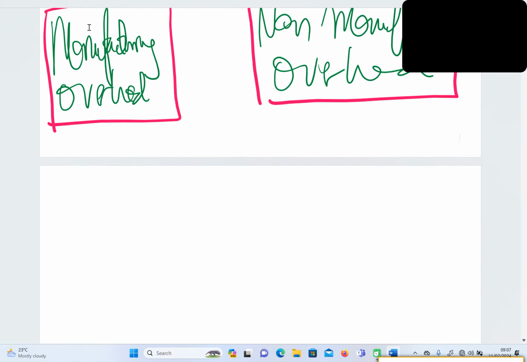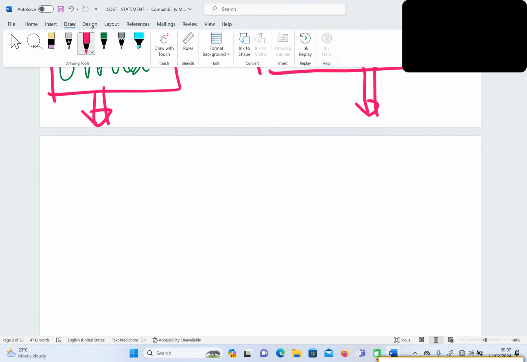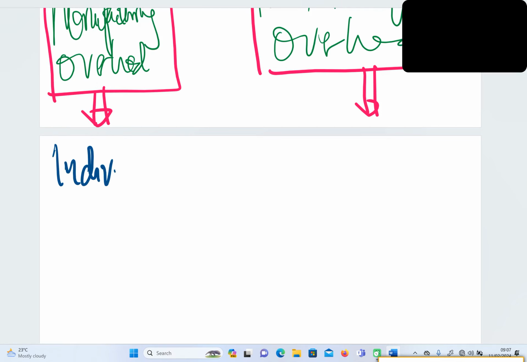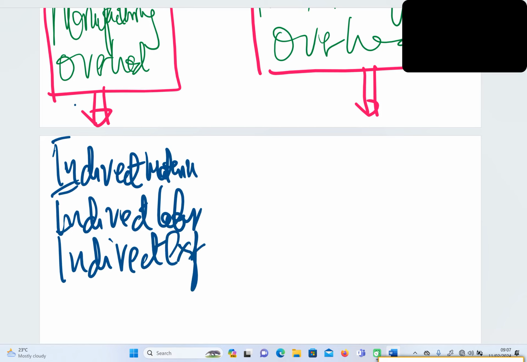When you look at manufacturing overheads, here you have indirect material, indirect labor, and indirect expense. These are the three main items.